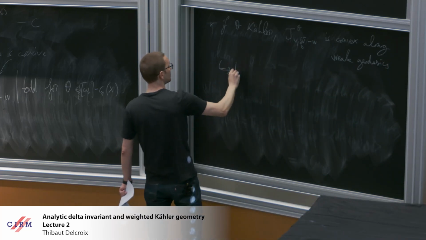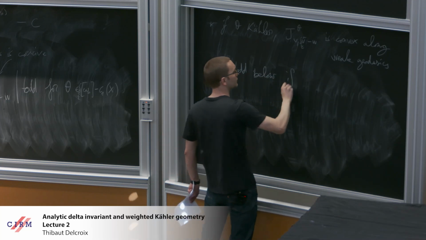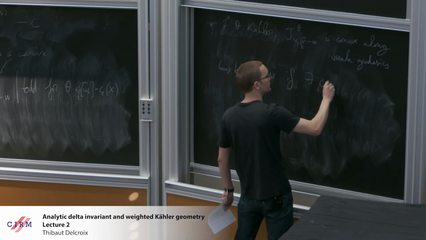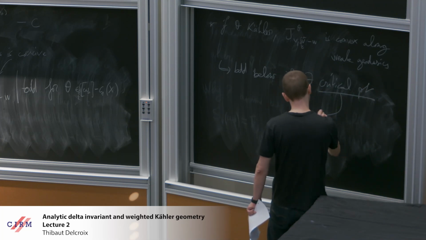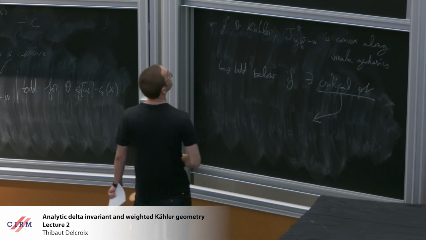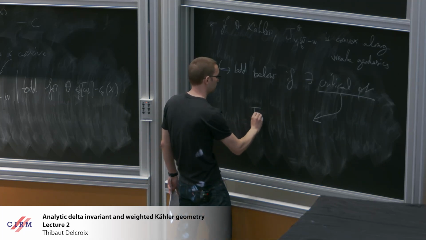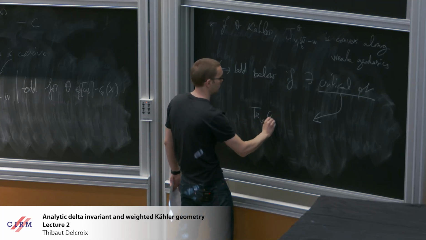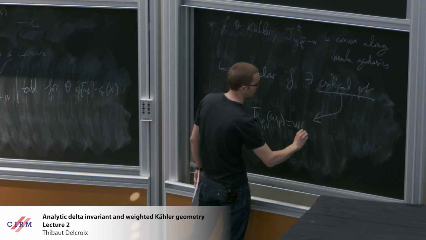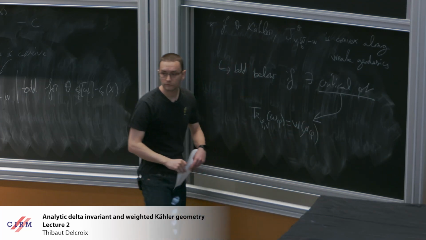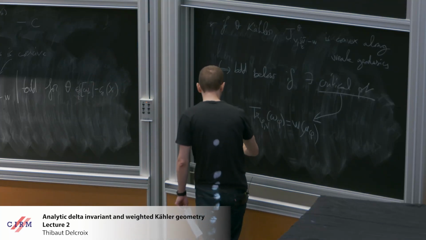Then it is bounded below if there exists a critical point. And the critical point is a solution to a new equation, this one. And this is called the weighted J equation.